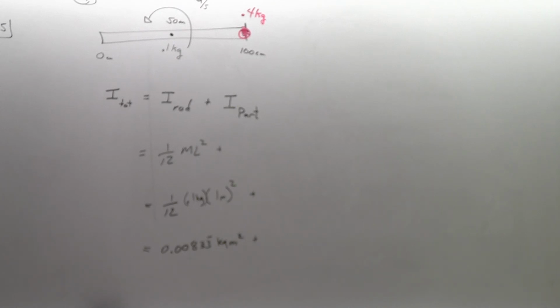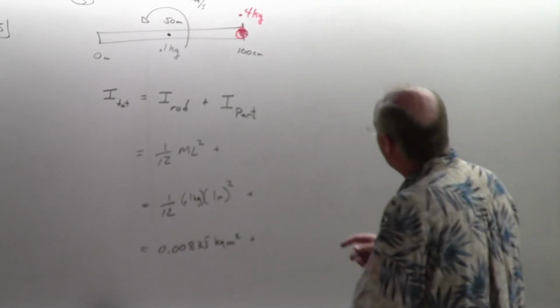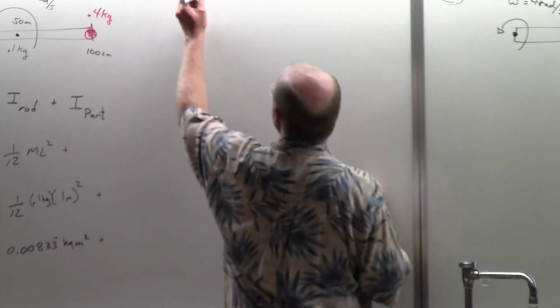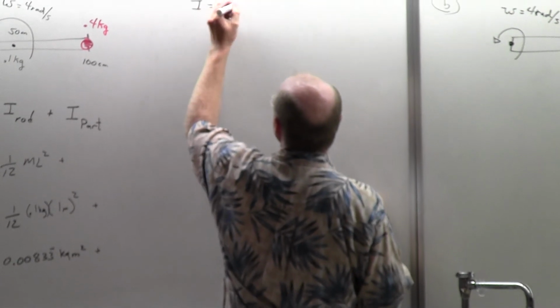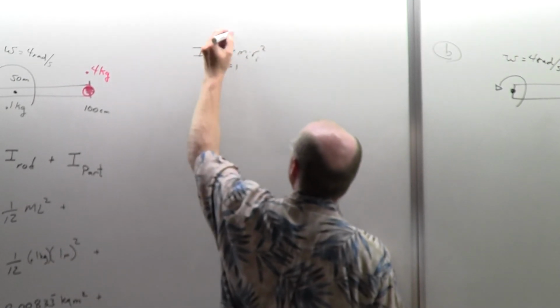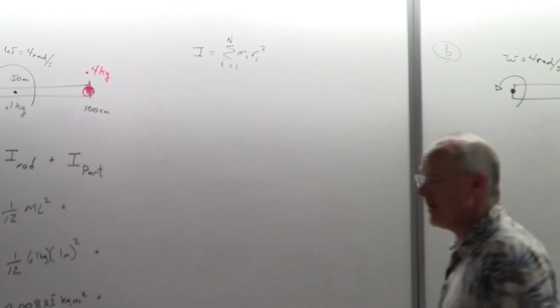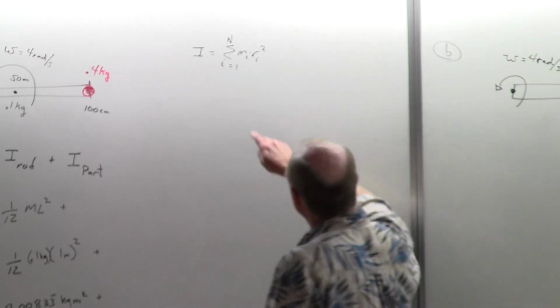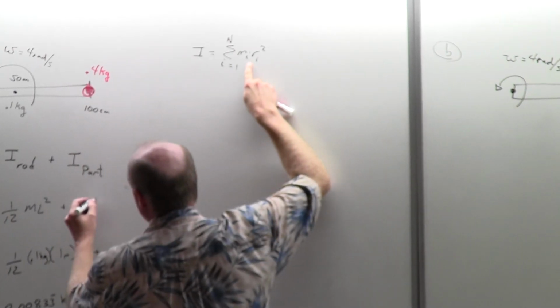The other part of this is then this blob. Well, that should be the easy one. It goes back to, again, chapter 10. Remember, I is the sum of m_i r_i squared when you add up your pieces. In this case, I just have one piece. And it's just one little blob at some given distance. So that hopefully is easy. The mass of it is 0.4.